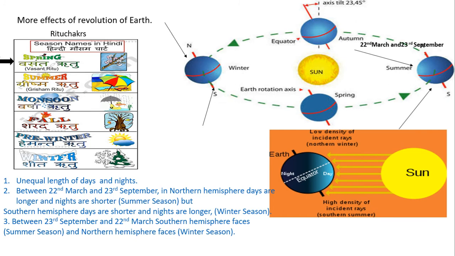Ritu Chakra. The first is Basant Ritu in Hindi, which is known as spring in English. Then comes the summer season, that is Grishma Ritu. After that comes the monsoon. Monsoon means Varsha, Varsha Ritu.